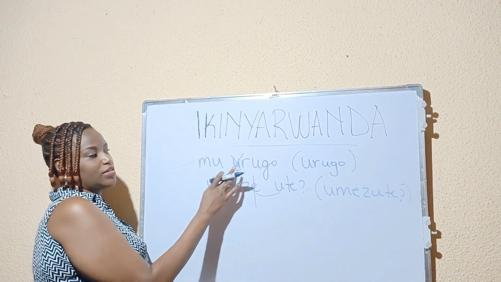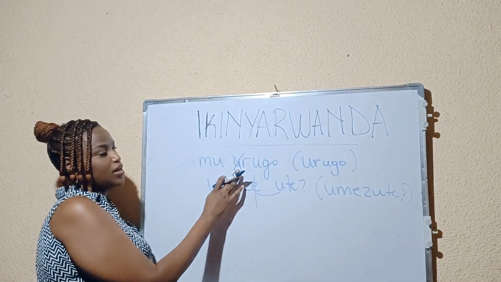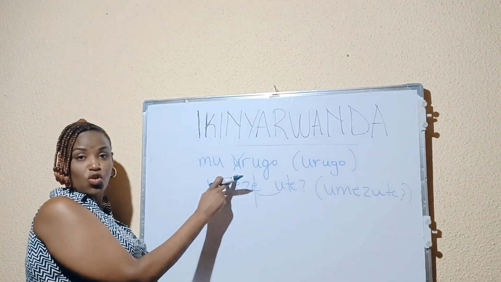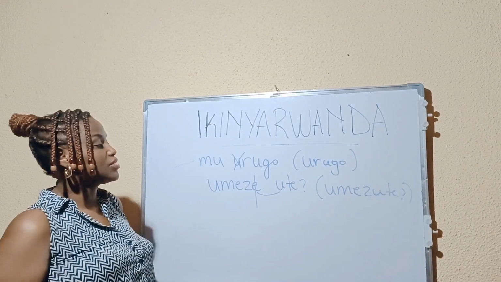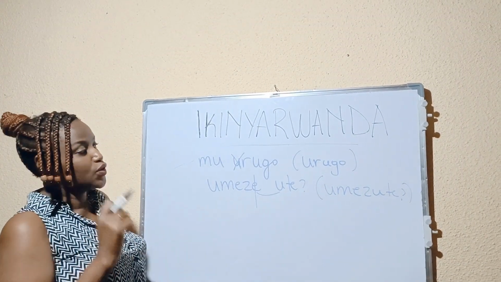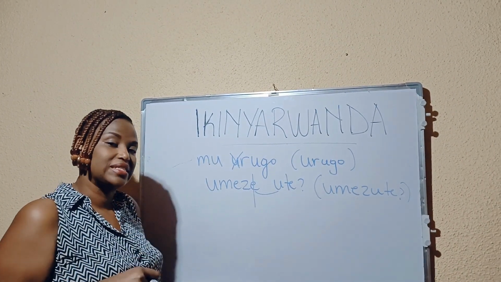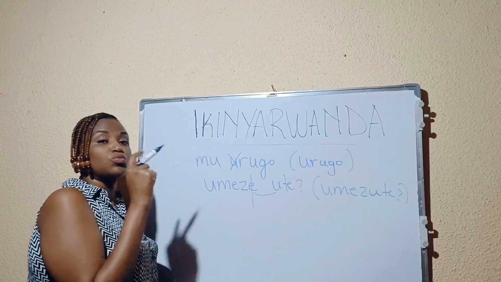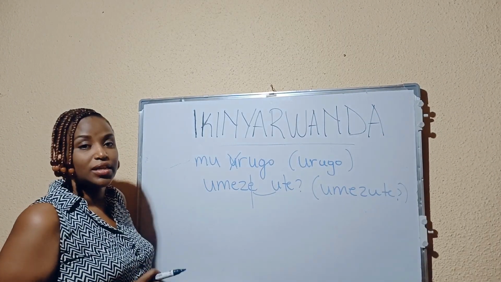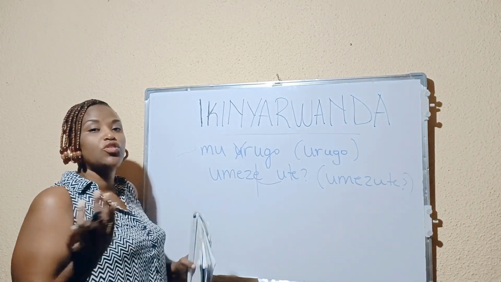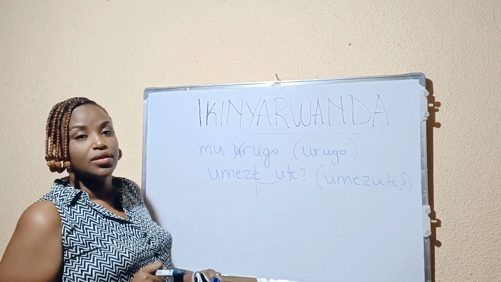But here you write two words, and the vowel exists in the noun itself, but you drop it when you write it. So you read murugo. I know many people, even here in Rwanda, the Rwandans, write murugo as one word. It's a mistake, because this is a preposition and this is a noun. How can you put a preposition and a noun together?